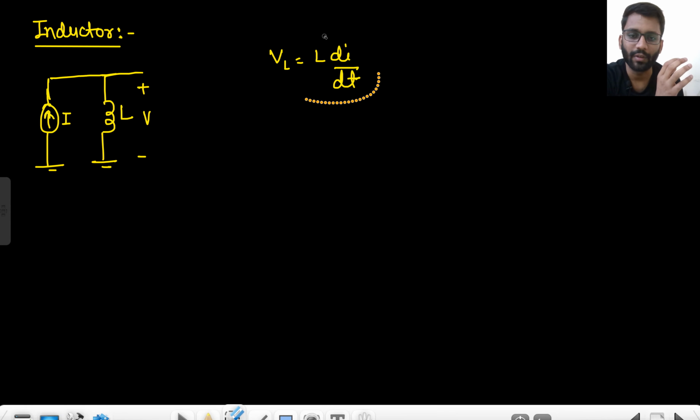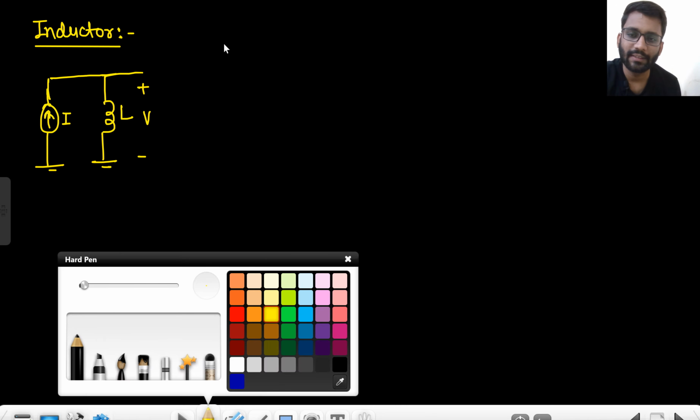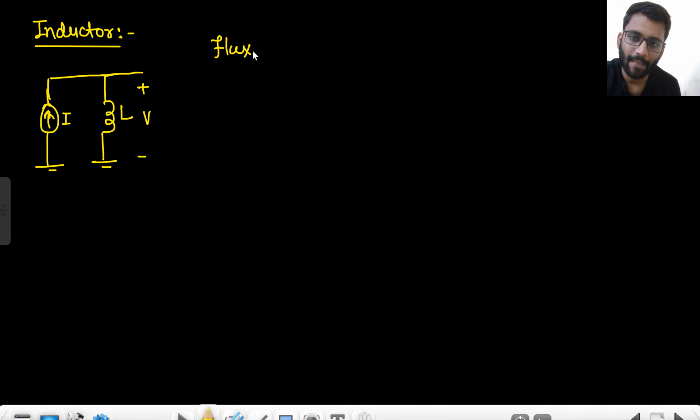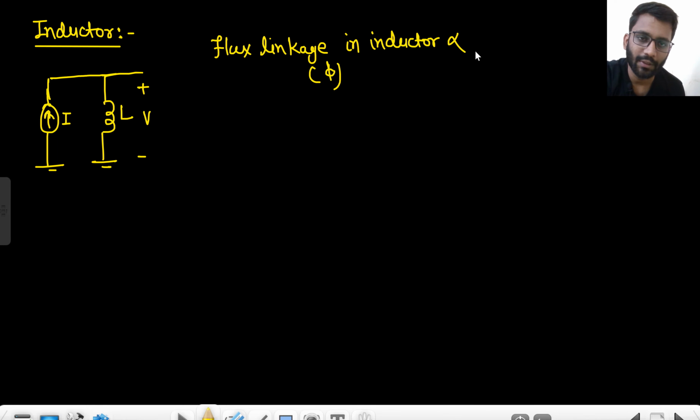Before that, there is a term called flux linkage. In an inductor, the flux linkage phi is proportional to the current flowing through the inductor.